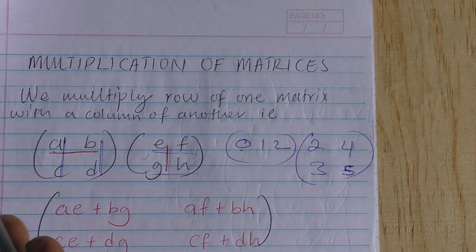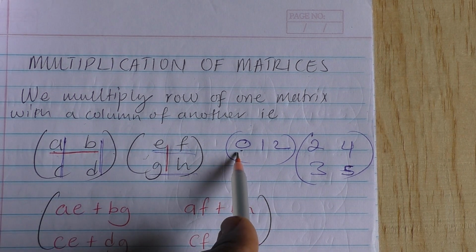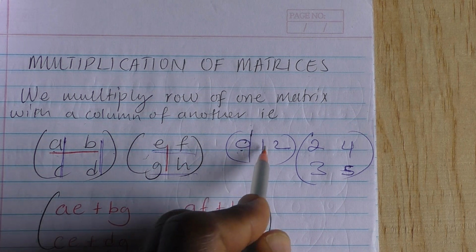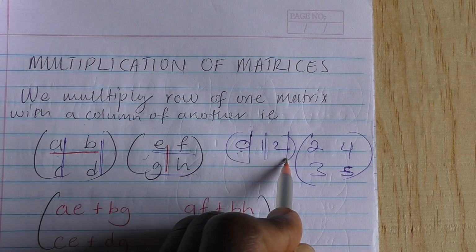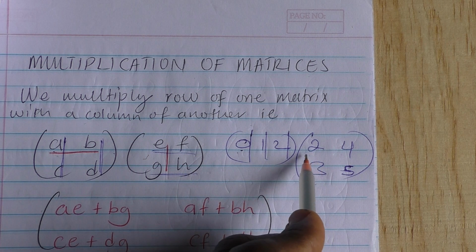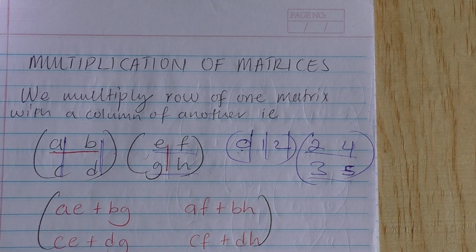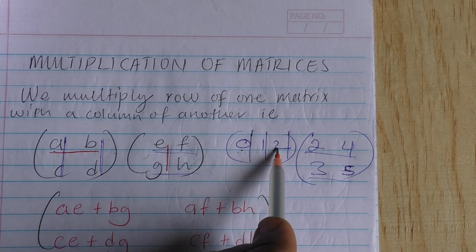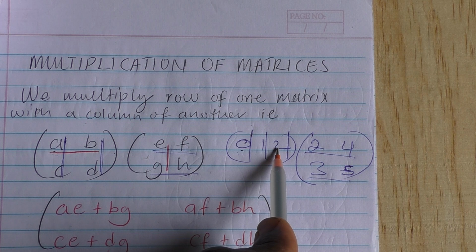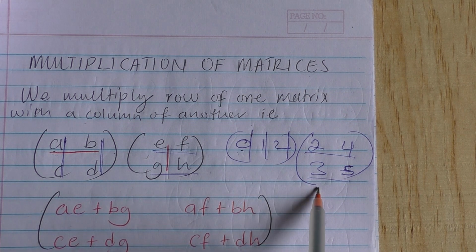But if we consider this, the first one has 3 columns and the second one has 2 rows, that one cannot be multiplied because this third column will not have a row it is multiplying.